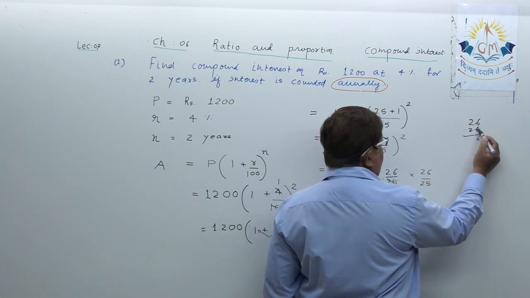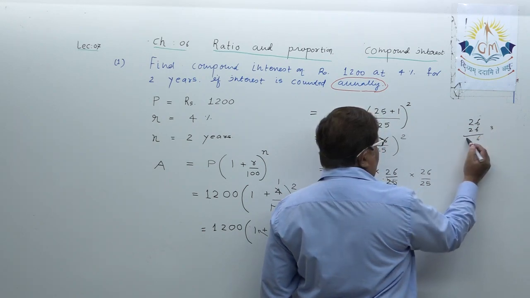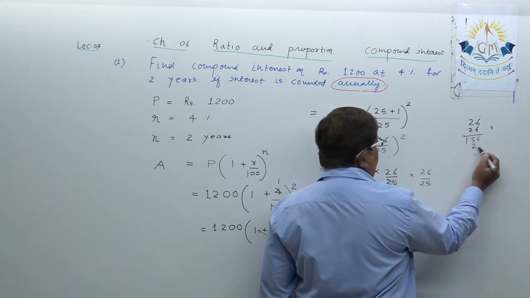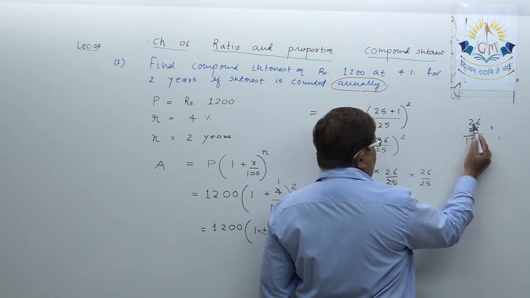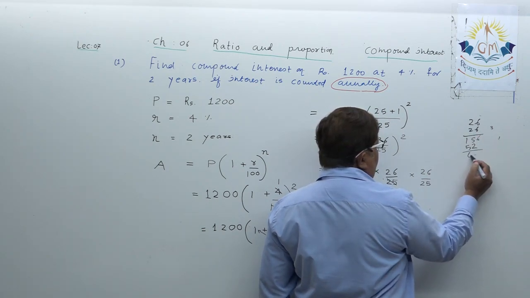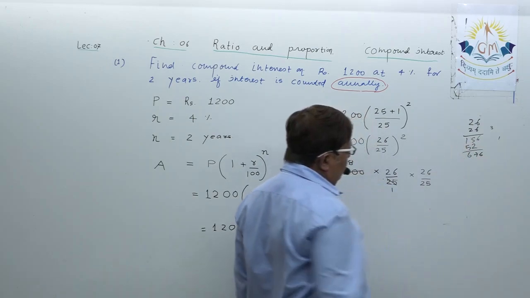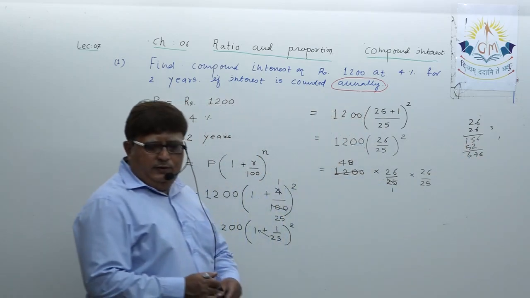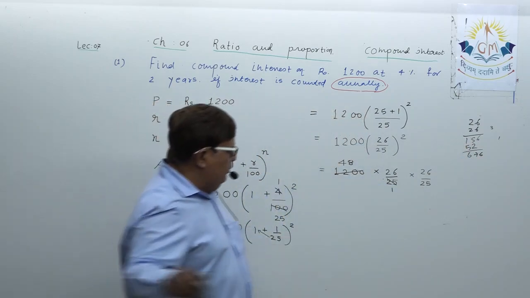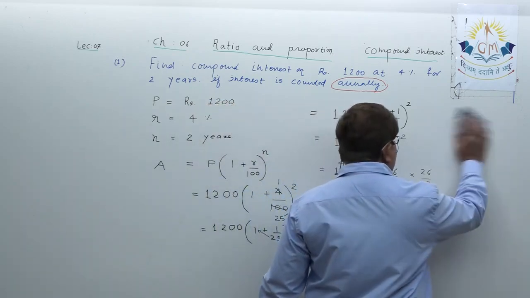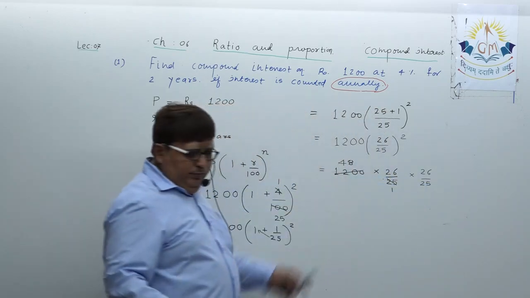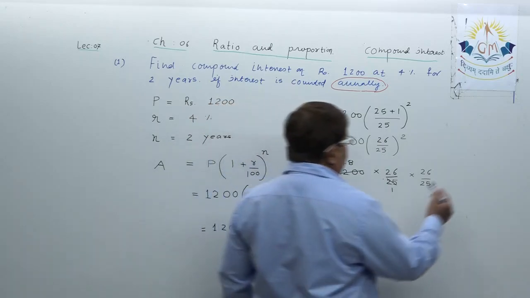6 sixes are 36, 3 carry, 6 twos are 12, 15, 2 sixes are 12, 1 2 twos are 4 plus 1 is 5. Just for you only. Understand? If you know directly, then it's okay, right? 676 multiplied by 48.